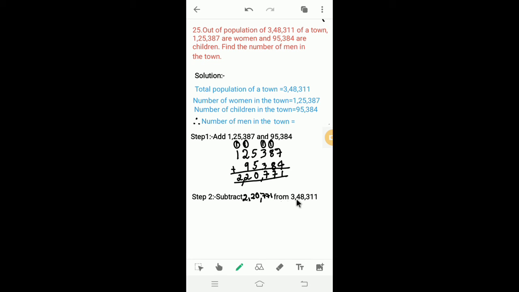In second step, we have to subtract 2,20,771 from 3,48,311. So first I will take 3,48,311: 1, 1, 3, 8, 4, 3. Next I will take 2,20,771: 1, 7, 7, 0, 2, 2.